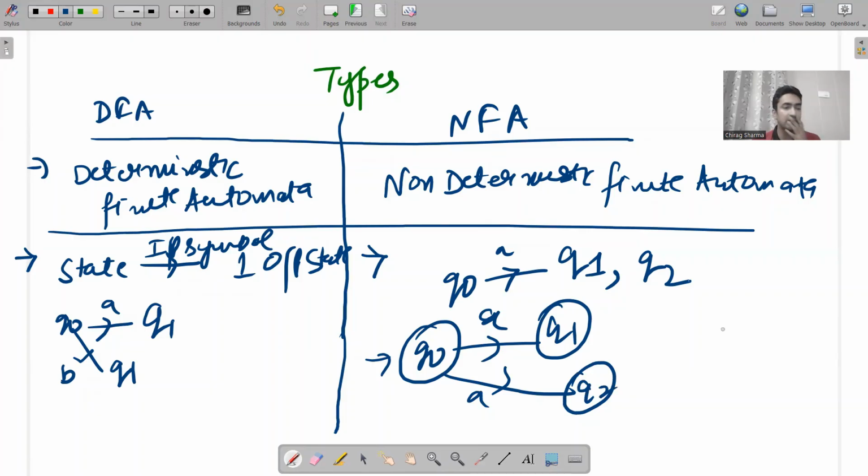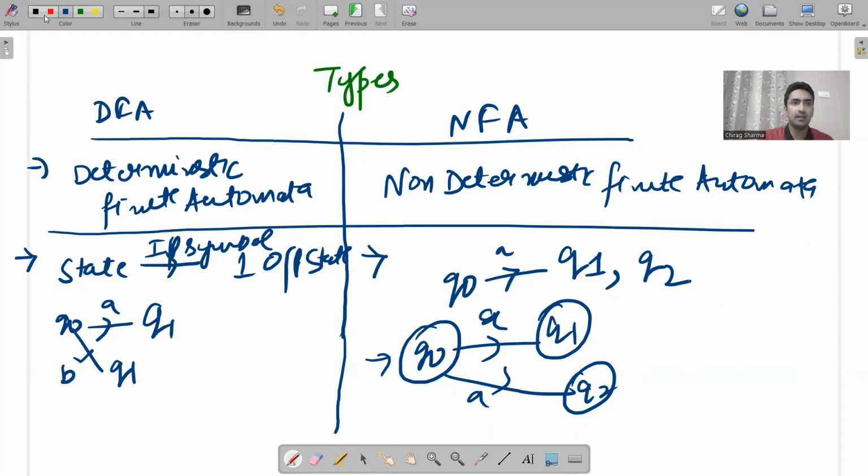So I don't know which is the right answer. So for that to happen, I don't know. If I don't know, it means clearly this is a case of confusion. Anything can happen. So that is the difference between DFA and NFA, apart from certain terminologies.